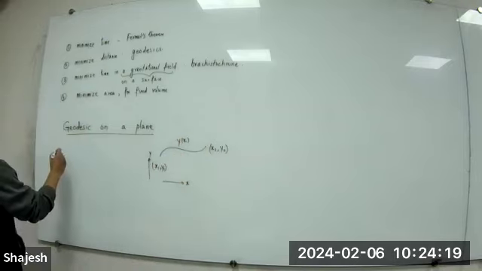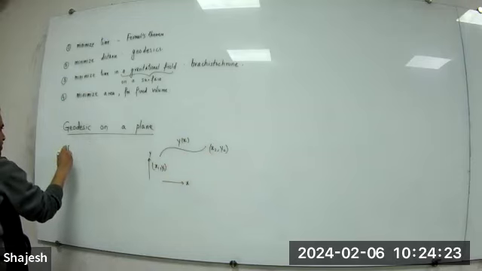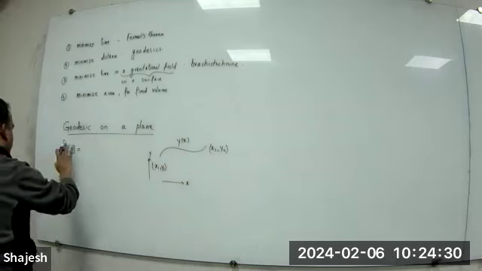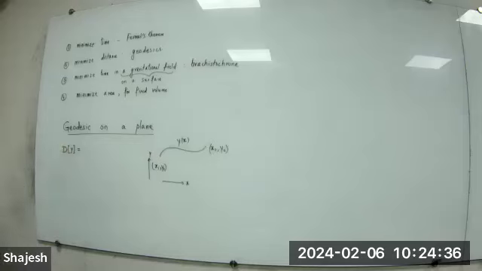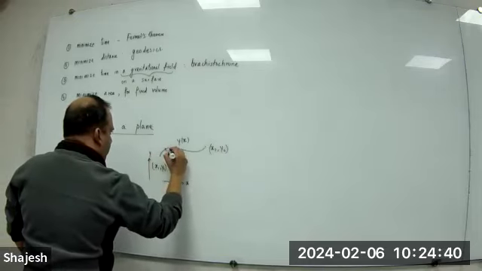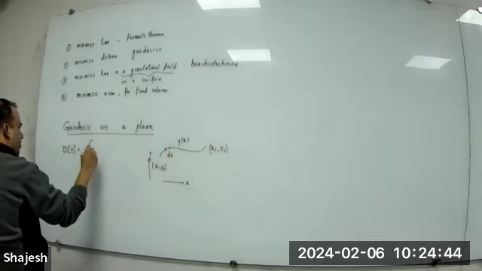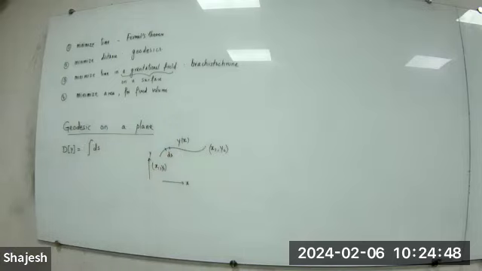So the distance D would be a function of y. So it's a functional of y. Let's call it capital D. This distance is equal to the small distances I have to add, that's ds. It's the integral of all the small elements that I add up.